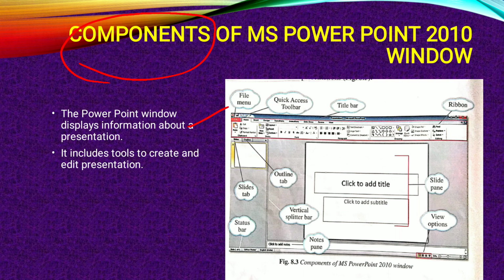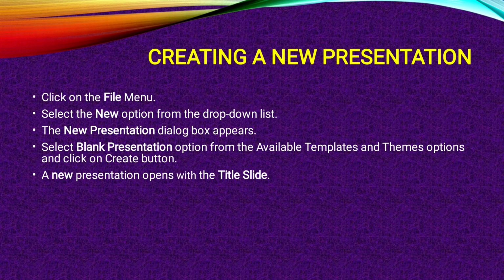First is the file menu, then quick access toolbar, title bar, ribbon, slides tab, status bar, outline tab, vertical splitter bar, notes pane, slide pane, and view options. These are the components of MS PowerPoint 2010, and according to your use in a presentation you can access all of these.